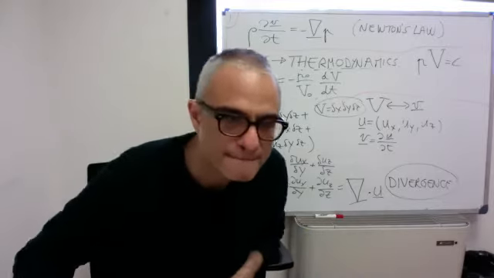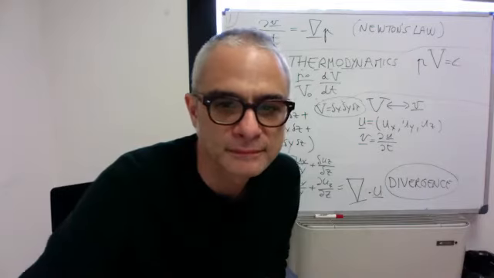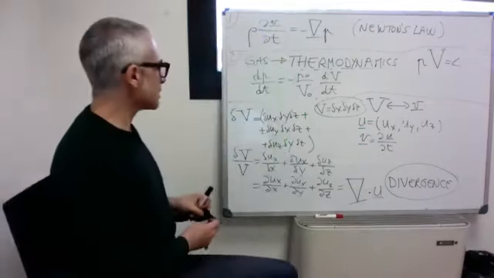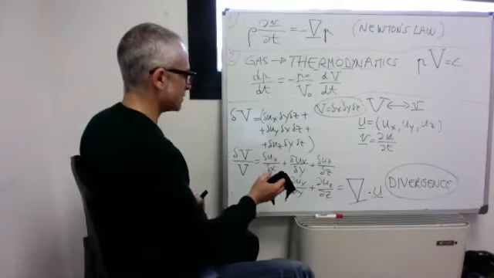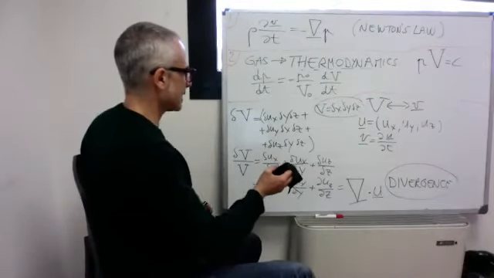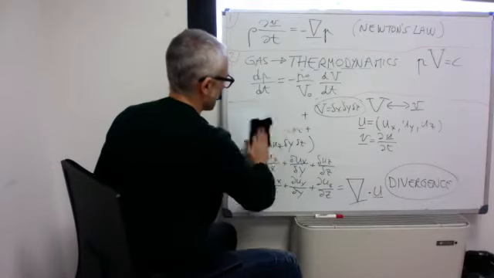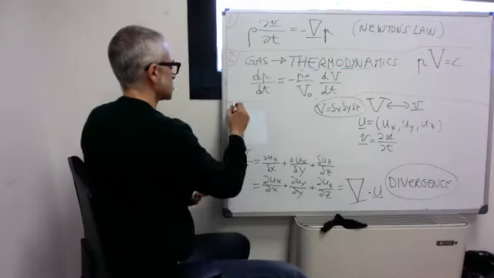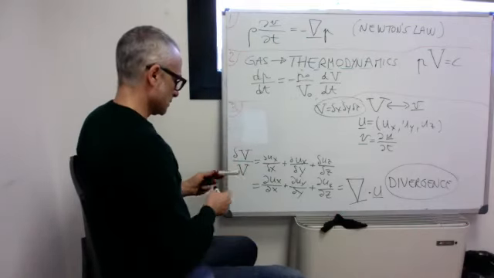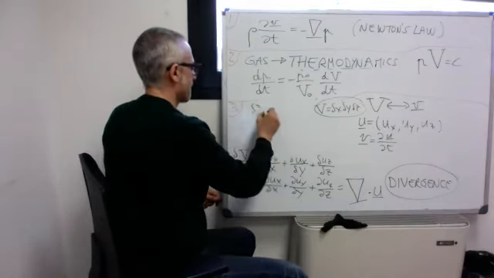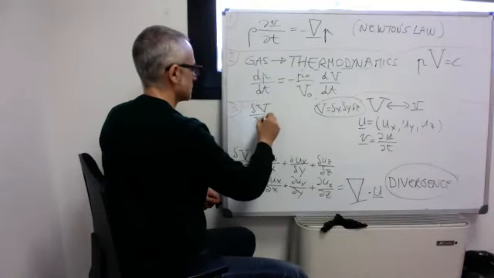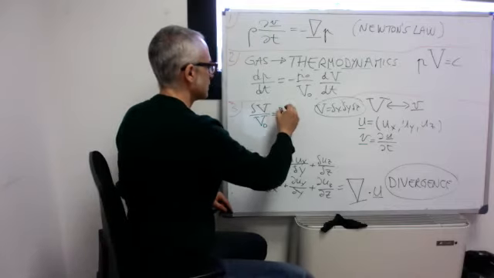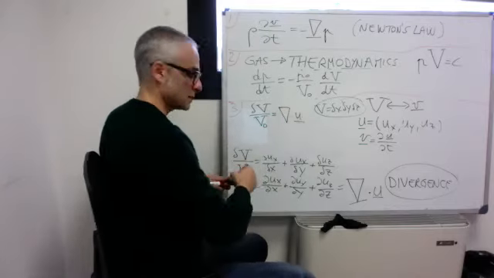Questions? Good. So the bottom line of this last exercise here, we have a certain piece of information that we want to use. The relative change in volume coincides with the divergence of the displacement.